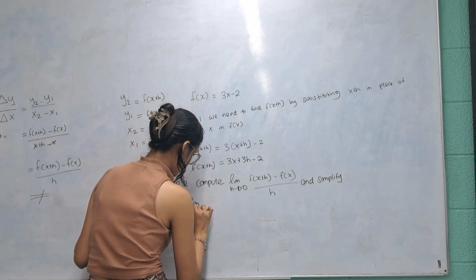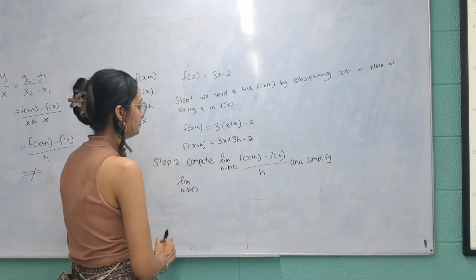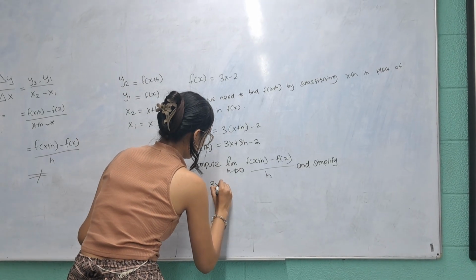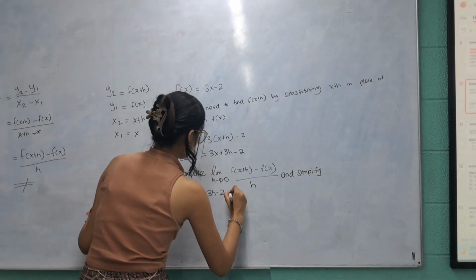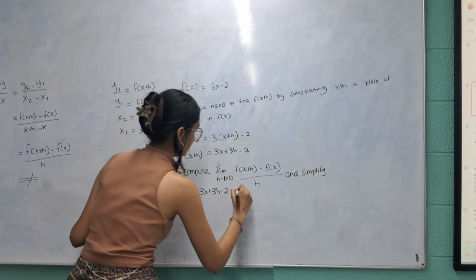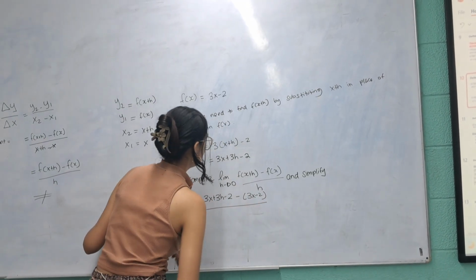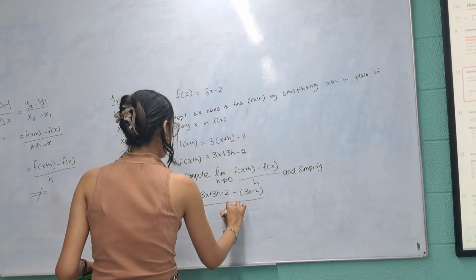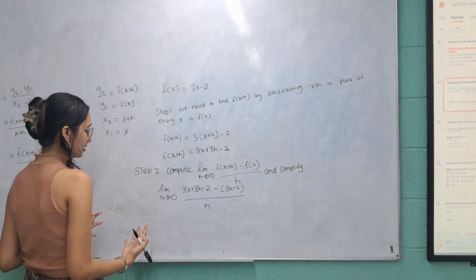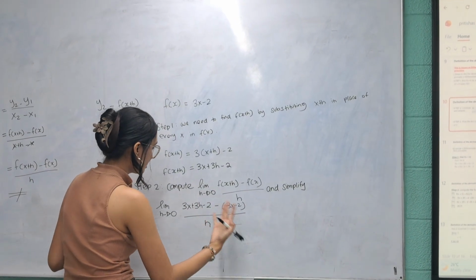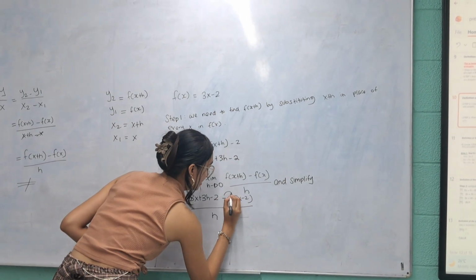As limit h approaches 0, 3x plus 3h minus 2 minus f of x, which is 3x minus 2, upon h. We cannot just start cancelling off and simplifying the equation. First, we need to expand this.